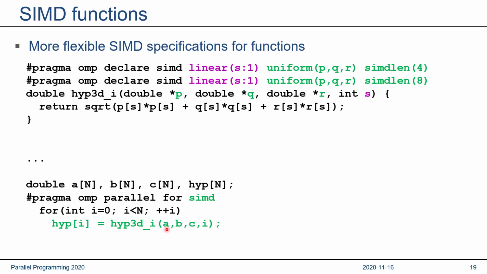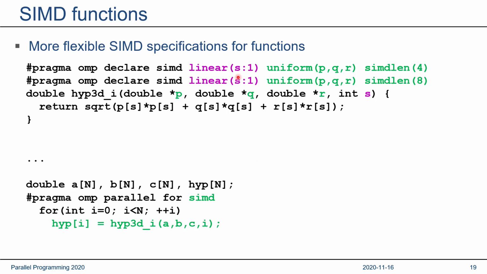So in this case, we actually want to give the function access to the complete vector and tell the compiler that the arguments A, B, and C, the first three, are vectors that should be handed to the function as is, and that I is an induction variable that is incremented in the direction of the SIMD vectorization by 1 in each scalar loop iteration.